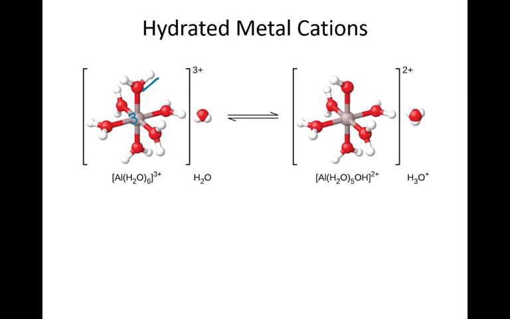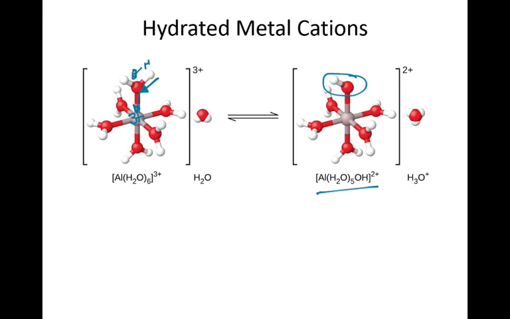But what's important for us here is that the presence of the metal ion polarizes the OH bond. Remember, the aluminum has a charge of 3+, so that positive charge draws electron density from the oxygen. And oxygen is more electronegative than hydrogen, so oxygen draws electron density toward itself, which weakens this OH bond. So the OH bond gets weaker and can dissociate to form aluminum, now with 5 waters and an OH.